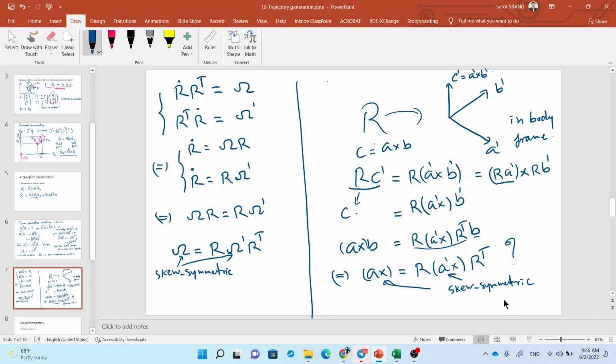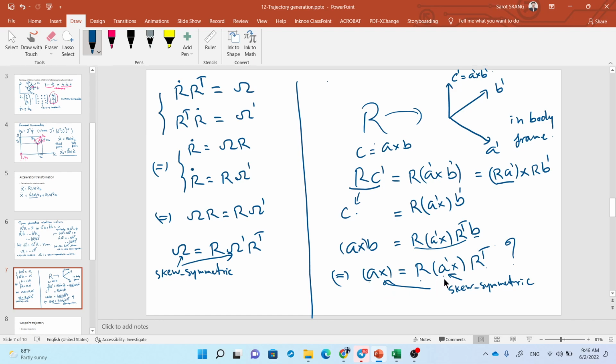This tells you that if you have a skew symmetric matrix from a vector in the body frame, and then you transform by multiplying R from the left hand side and R transpose from the right hand side, then you have the skew symmetric matrix of that vector in the global frame, right? So you can see the relationship between A prime and A here.